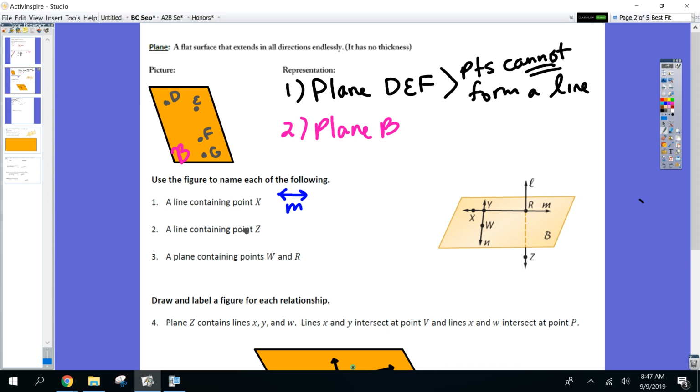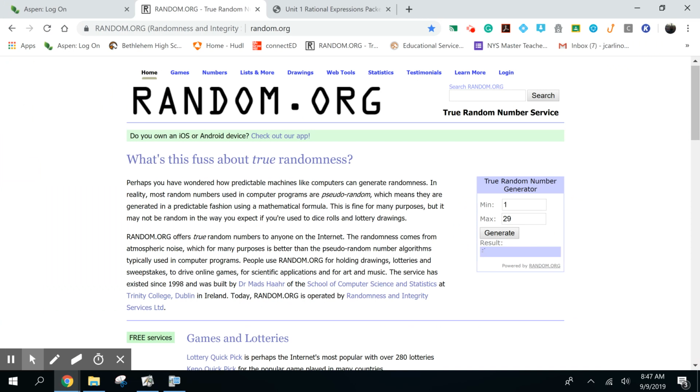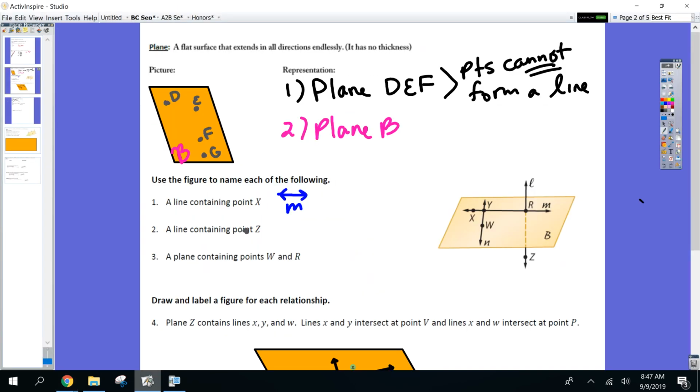All right, next up, give me a line containing point Z now. Line containing point Z. Line L. Yep. And let's take a stop right here before I get to number 3, because you're going to see this a lot. Everyone see all of a sudden I drew a dotted line here. What that is, I have a plane with my line going through it.